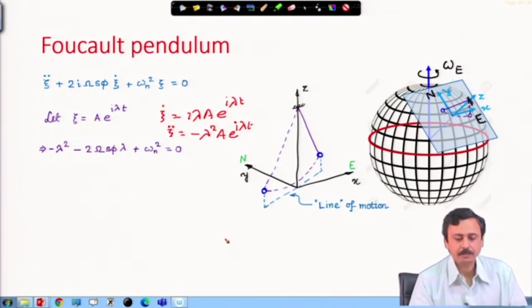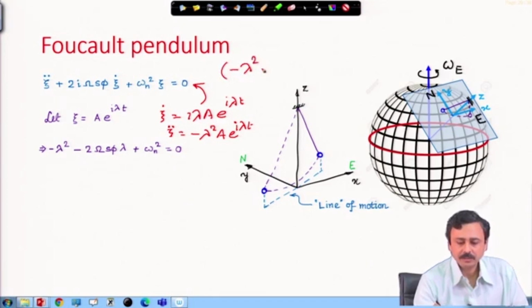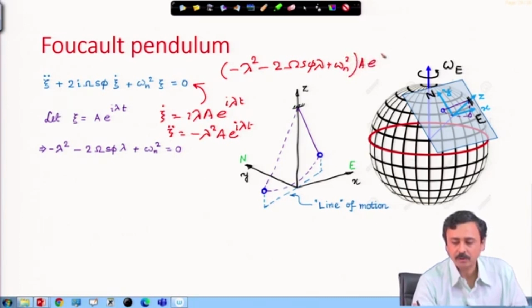Once you substitute these in, you will obtain minus lambda square minus 2 omega sin phi lambda plus omega n square, multiplied by A e to the power i lambda t, equals 0.